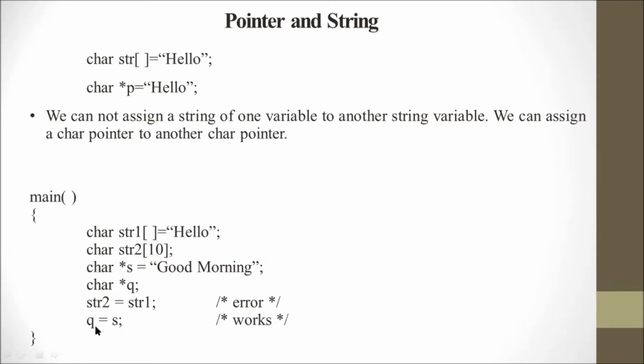So the good morning in s is assigned to q. In the first statement we assign hello to string 2, and in this statement we assign good morning in s to q. In the first, we assign string 1 to string 2. This will not work and may generate an error, because one string is assigned to a second string.